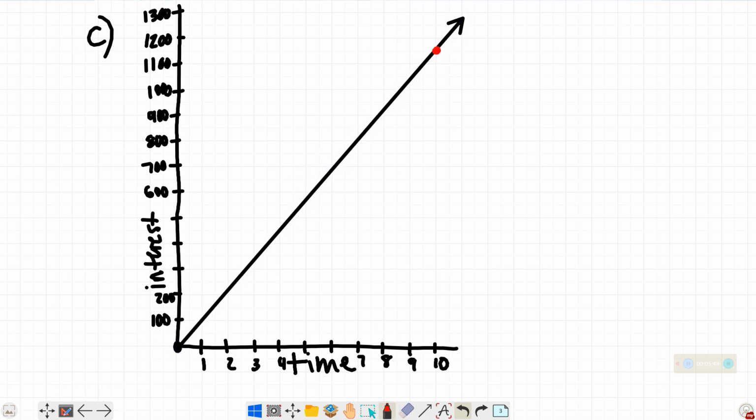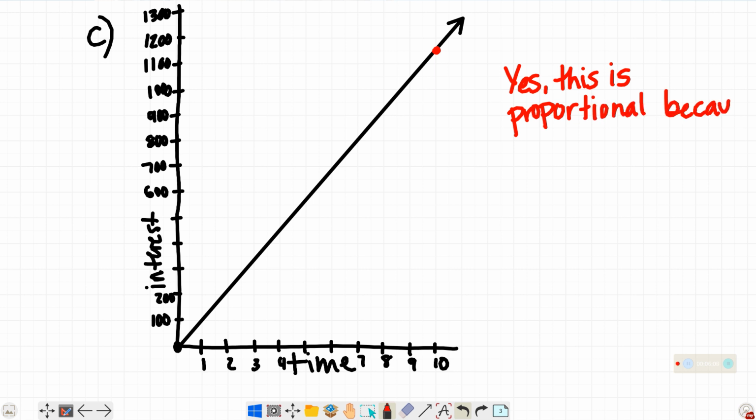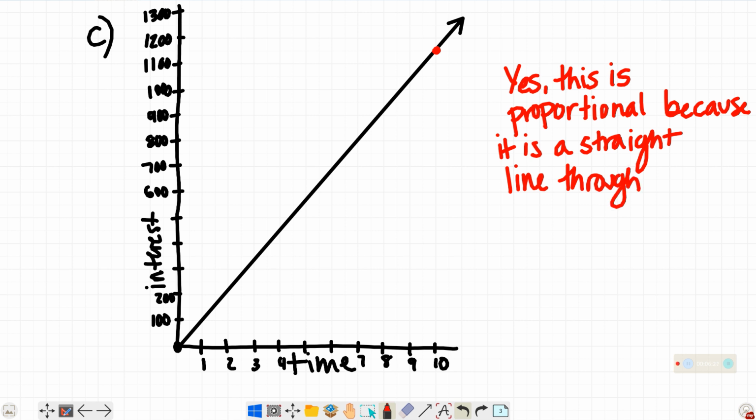It also asked us if it is proportional. The two characteristics you need to be proportional are straight lines and through the origin. So yes, this is proportional. Because it is a straight line through 0, 0.